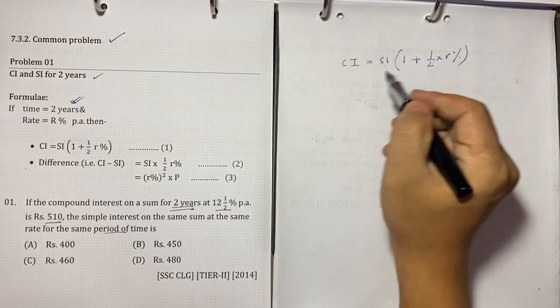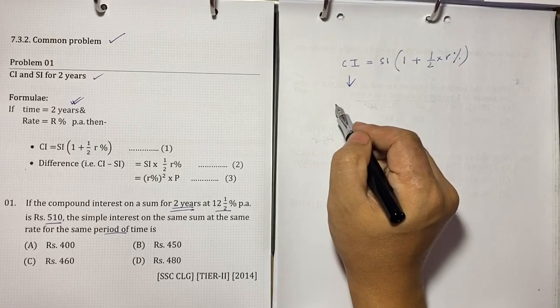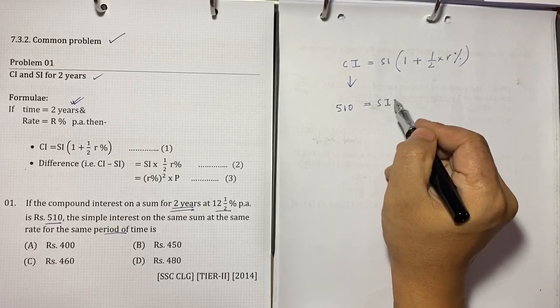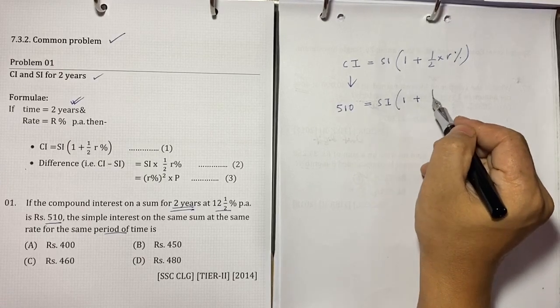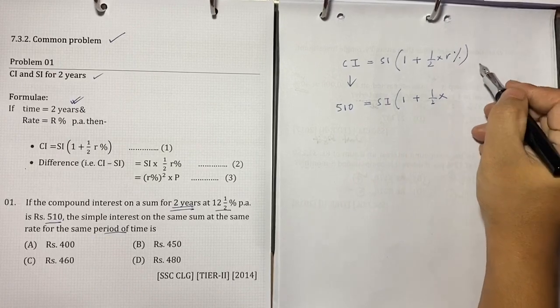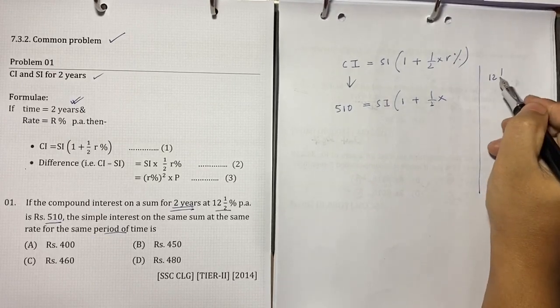So in this case 510 equals simple interest into 1 plus half into r%, which is 12 1 by 2%.